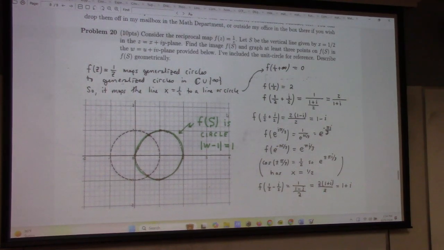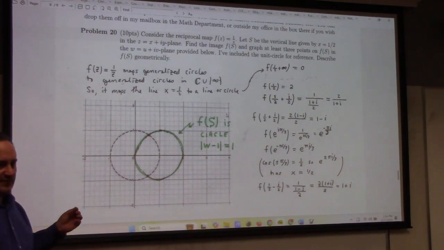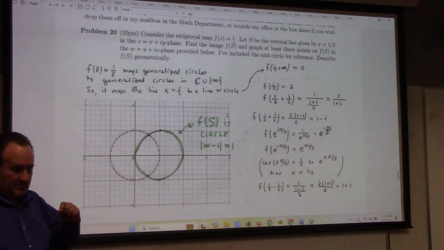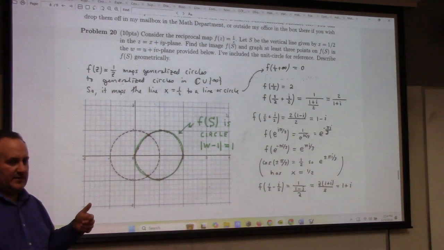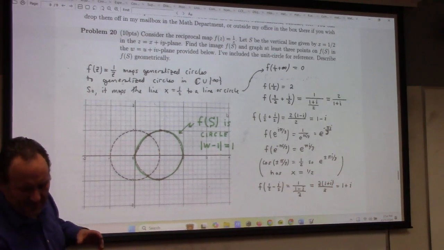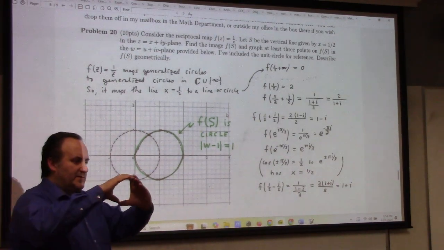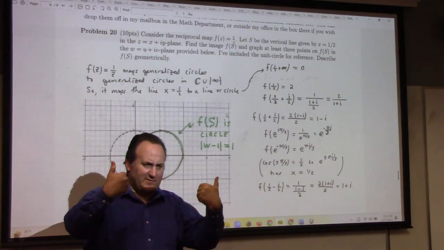The reciprocal map is a very fun thing to think about graphically because the way it works is if you feed it 0, it throws 0 to infinity, and everything else, it just flips. Globally speaking, it takes everything inside the unit circle and flips it outside the unit circle.